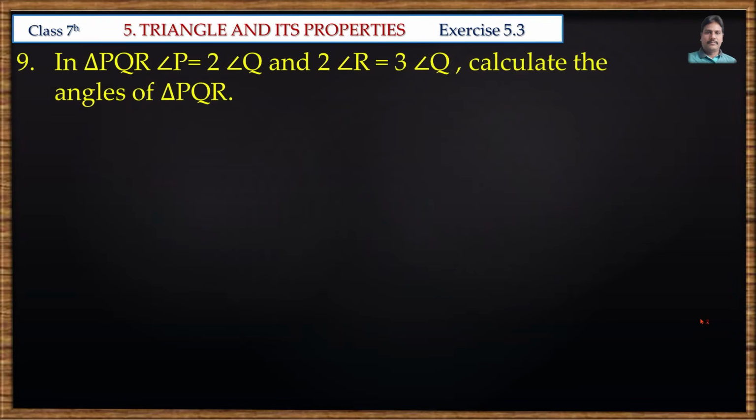Next problem. In triangle PQR, angle P is equal to 2 times angle Q and 2 times angle R is equal to 3 times angle Q. Calculate the angles of triangle PQR. Let us solve this problem.